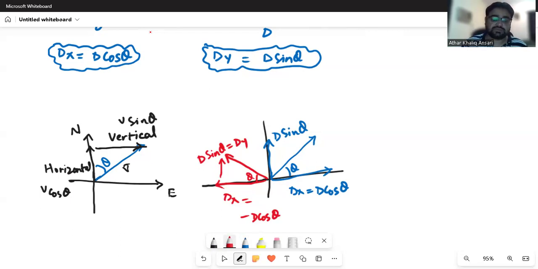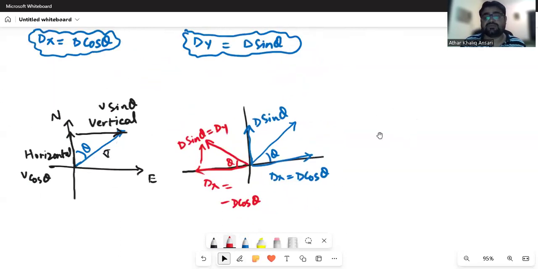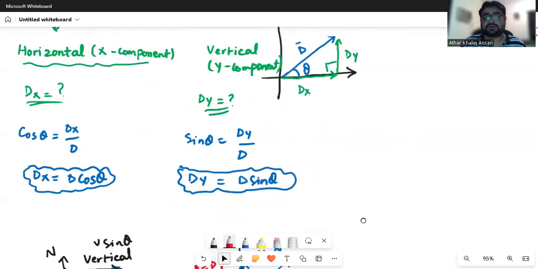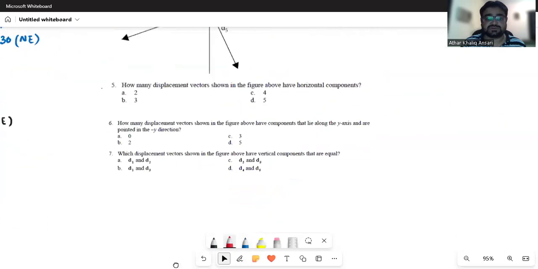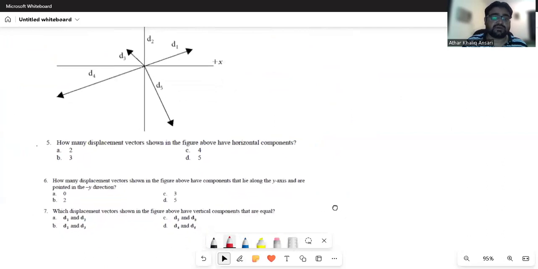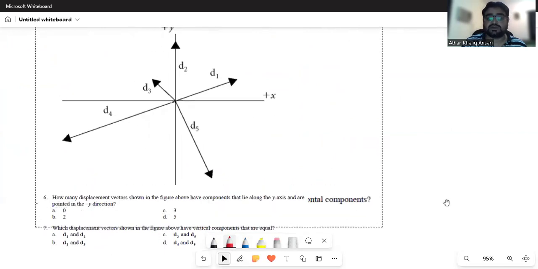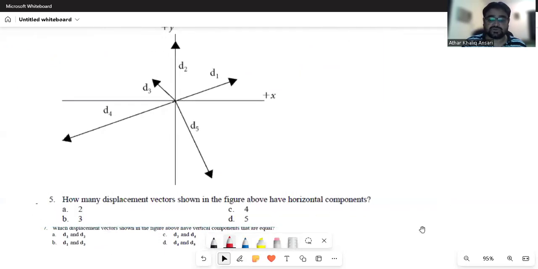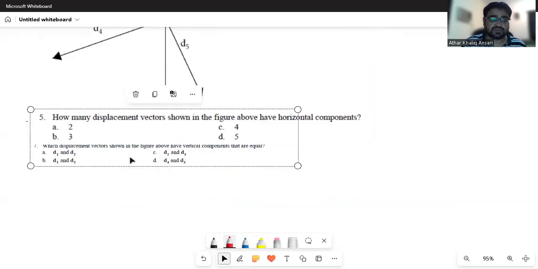Let me give you an example here, to help understand the components. For example, in this example seen on your screen, there are many vectors shown here, and all of these are displacement vectors with different names like d1, d2, d3, d4, d5.